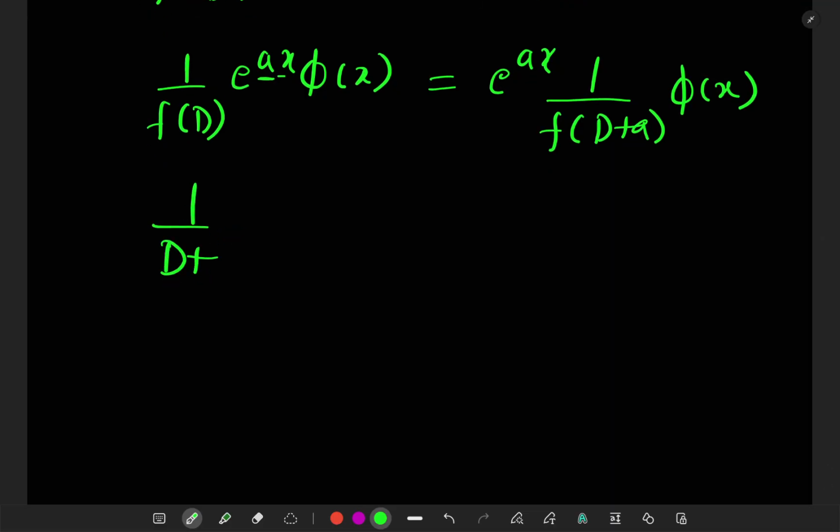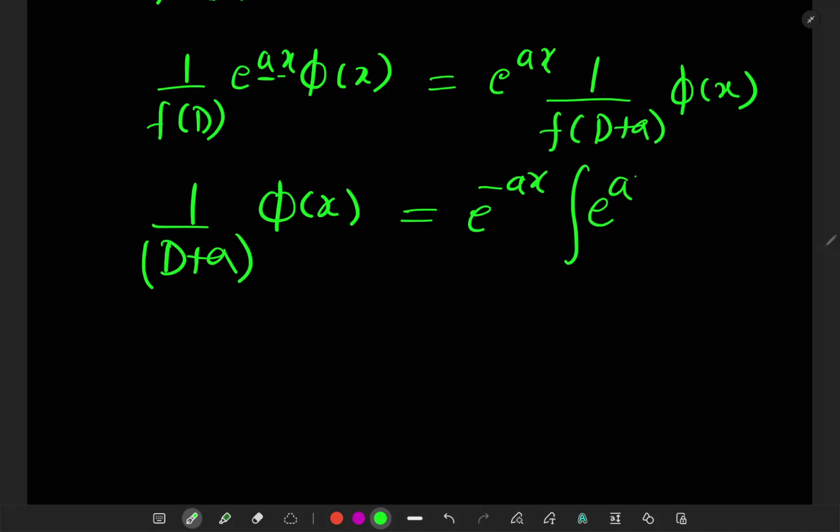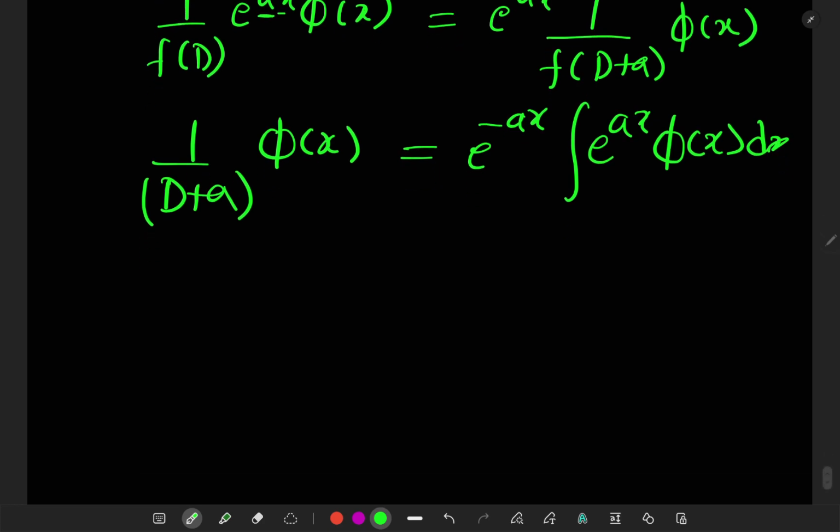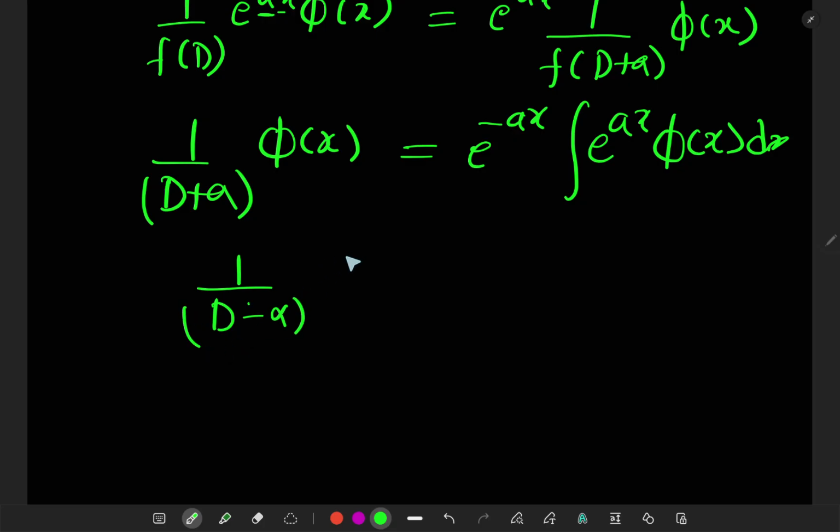Similarly, if aforementioned phi x occurs, you can use this, as I earlier discussed this formula, like that.